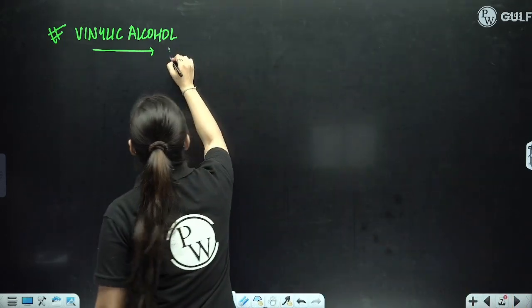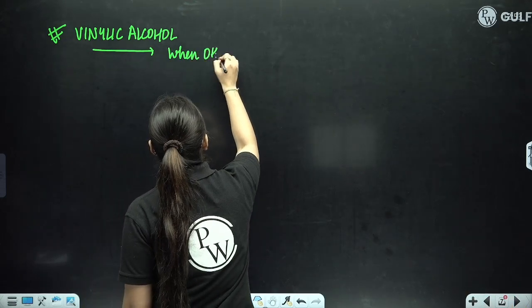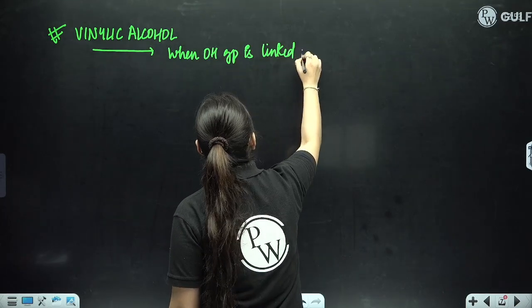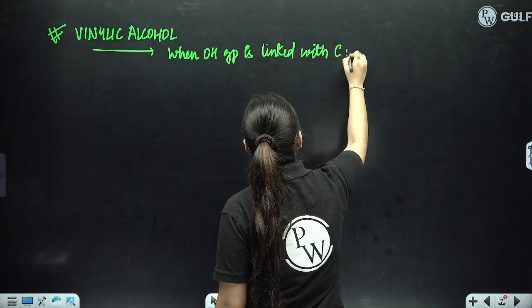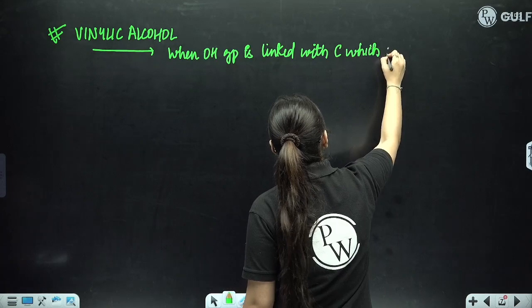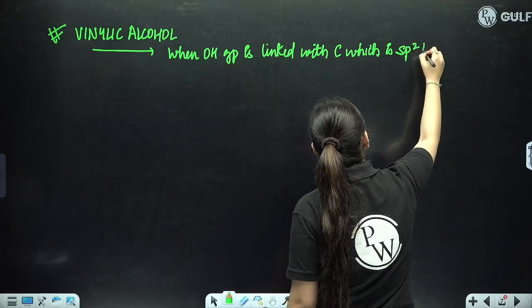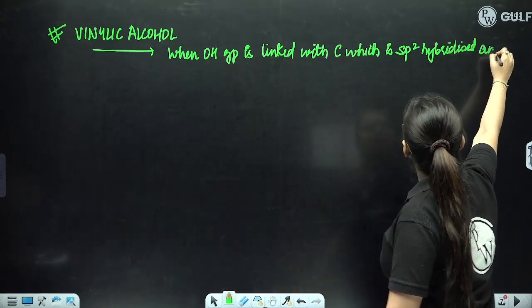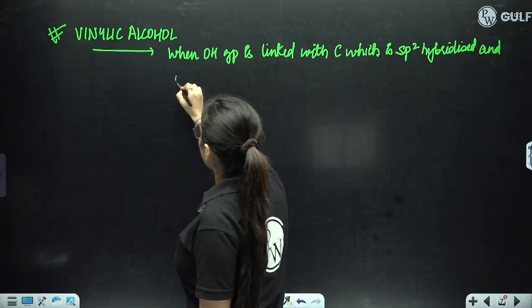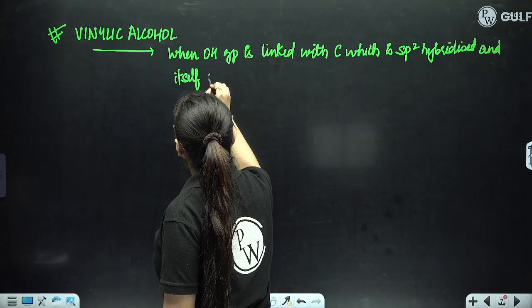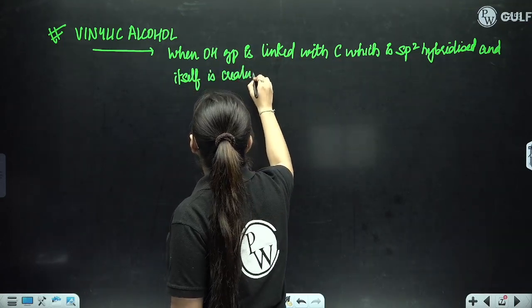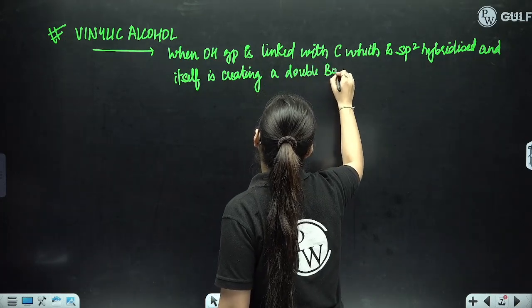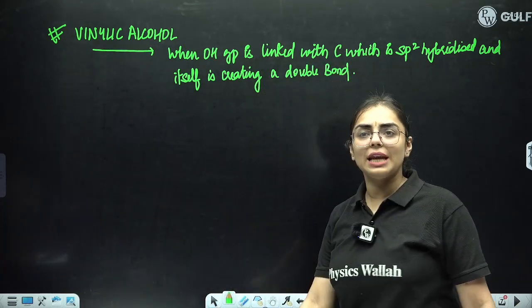So when the OH group is linked with a carbon which is sp2 hybridized and itself is creating a double bond, that is your vinylic alcohol.